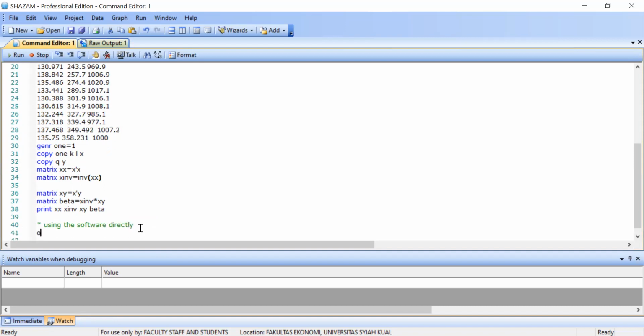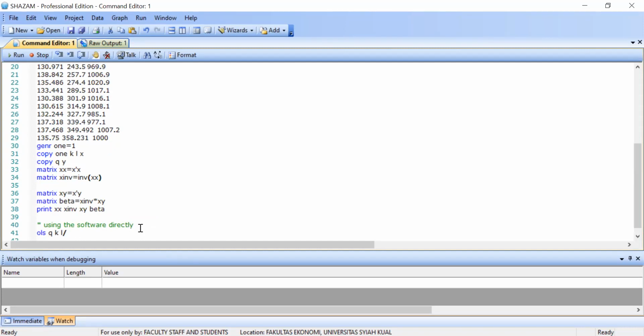We type here OLS. First must be the dependent variable. The dependent variable is Q here, followed by independent variables. If you have 5 independent variables, that means you write down 5 independent variables here. And you have options here.